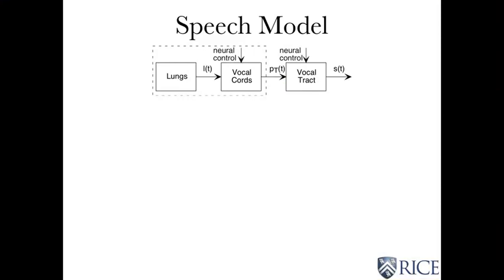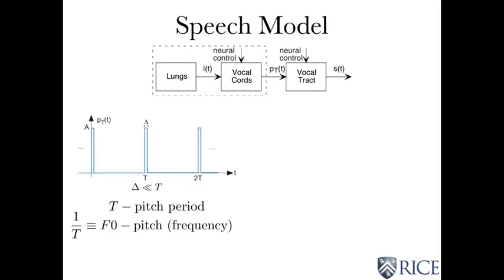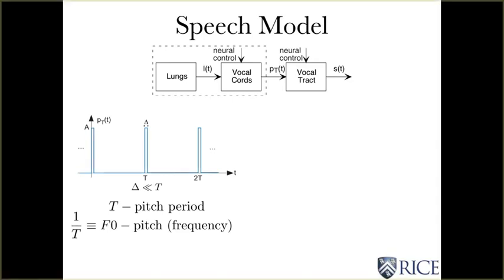And I want to start with the input here, the periodic pitch signal, which is a periodic pulse train. We've already talked about this many times. It consists of a set of pulses, quite narrow, and T is what's known as the pitch period. But what people normally refer to as the pitch is the pitch frequency, which is 1 over T, and in the speech world that's called F0.